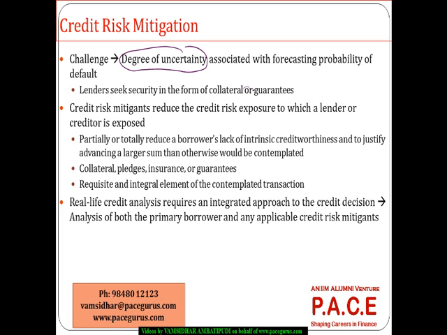So this is where the lenders try to seek security in the form of collateral or guarantee. And this is what we are calling the credit risk mitigant. They are enhancing the quality of the loan. So they reduce the credit risk exposure for the lender. Because if the borrower has defaulted, the lender can very well sell off this collateral and get the money out of it.